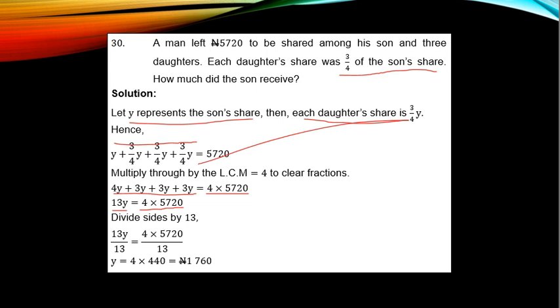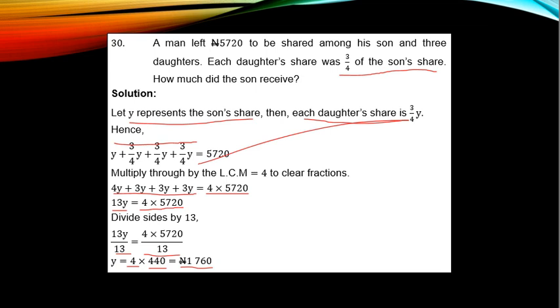So you have 13Y/13 equal to 4 times 5720 divided by 13. Luckily for us, we are able to divide 5720 by 13, and you have 440. Multiplied by 4, you have 1,760. So this is the amount of money that the son received.